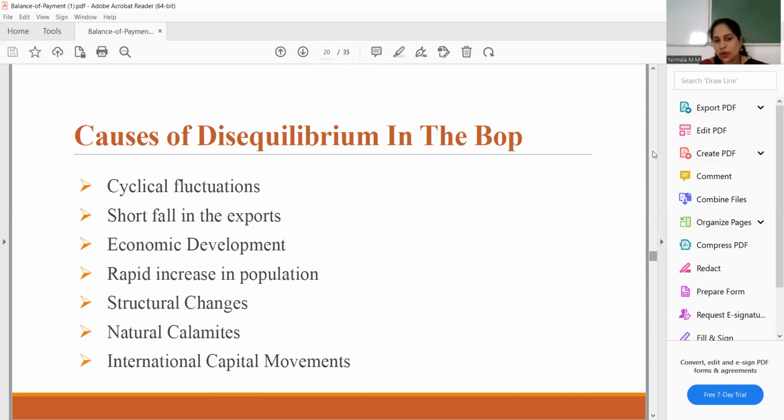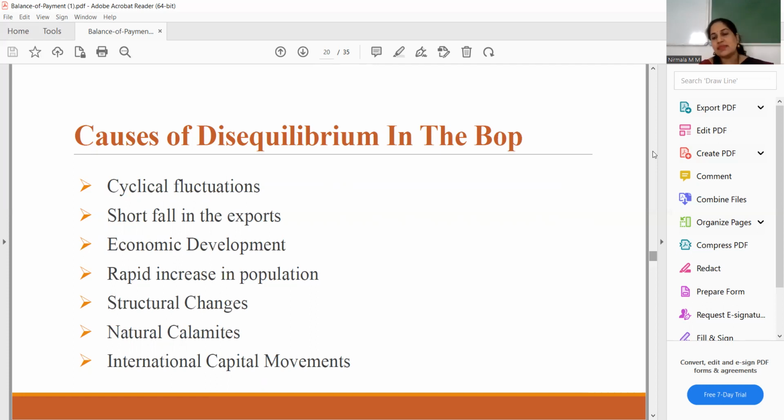A few causes for the BOP situation are, first, cyclical fluctuations, basically the operation of the business cycle. Second, the trade deficit, basically when an economy's imports exceed its exports, so it is the shortfall in the exports of an economy. Then the various phases of economic development.